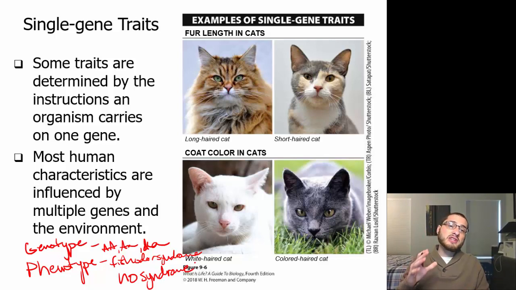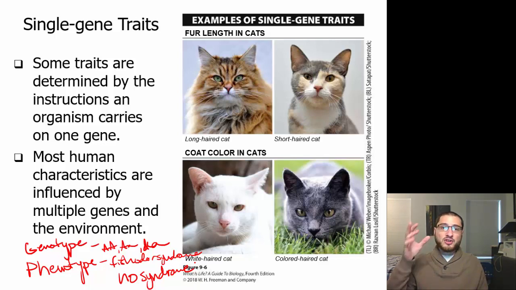So now when we look at single gene traits, some traits are determined by the instructions an organism carries on just one gene. Most human characteristics are influenced by multiple genes and the environment, but when we start talking about Mendelian genetics, we like to look at things that are a single gene that is going to dictate what the trait is.